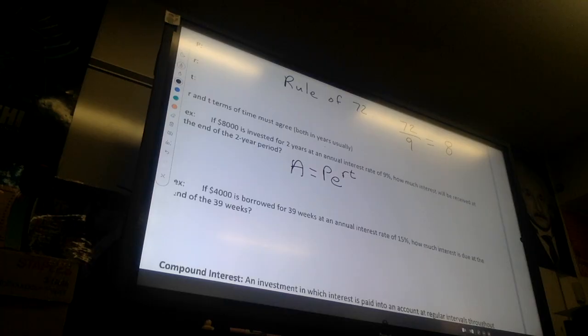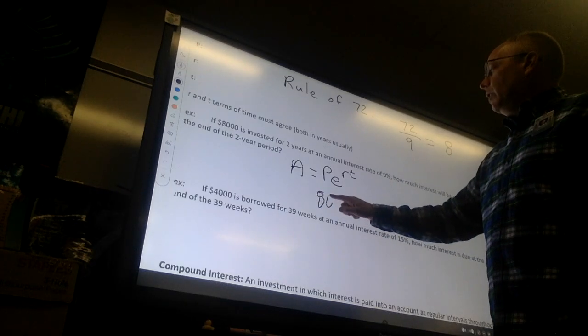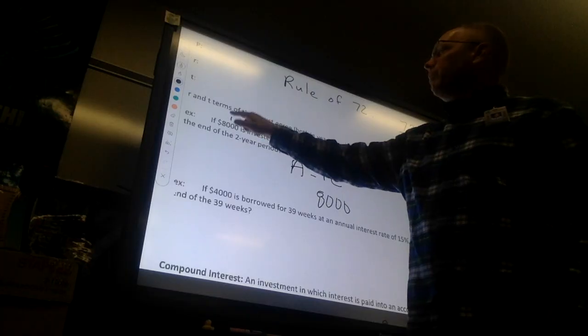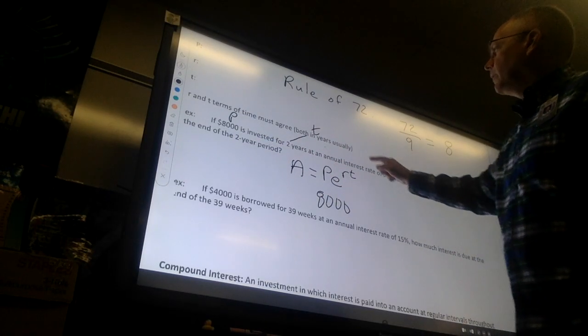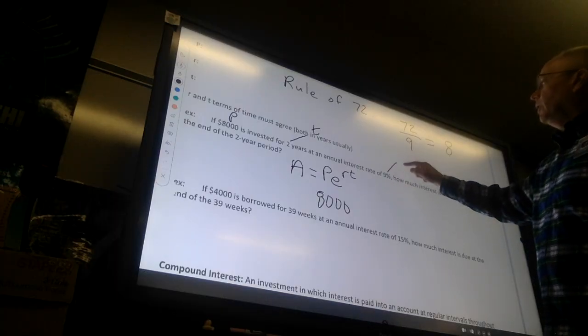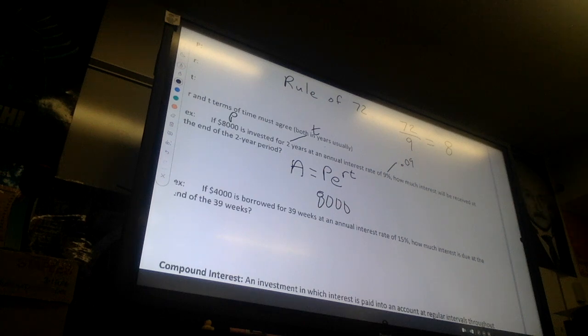Okay? So for this particular problem, we're going to take our 8,000, which is our P. That's going to be our T, 2 years. Interest rate, we're going to change 9% to 0.09. Just move the decimal 2 places to the left to get rid of the percentage sign.